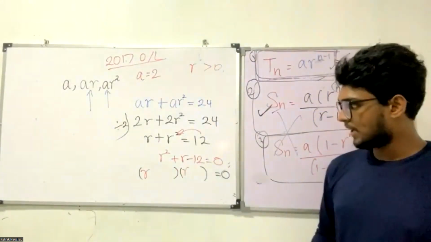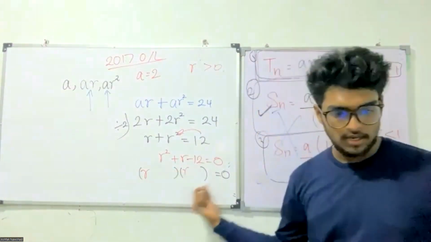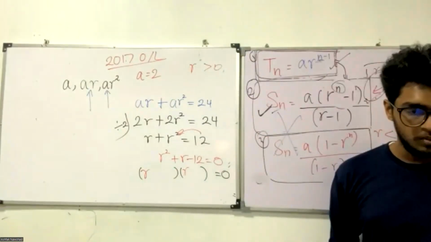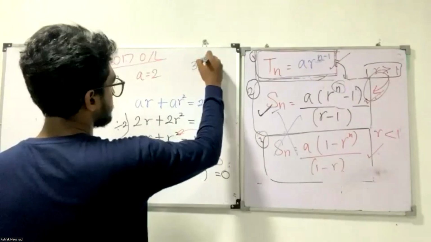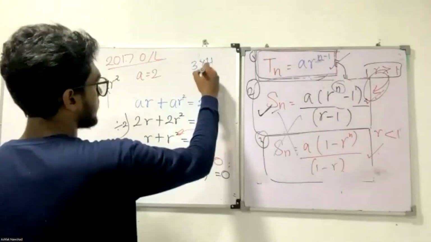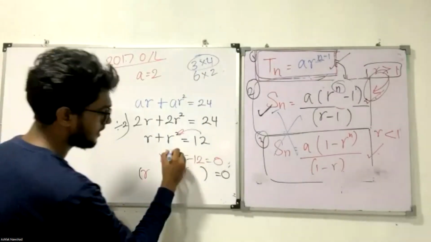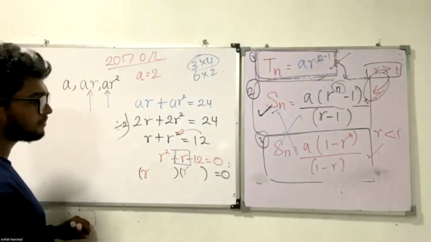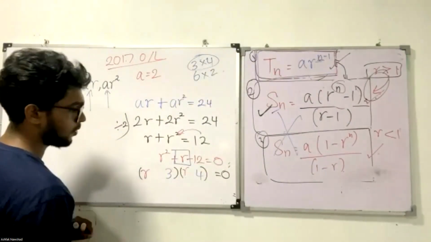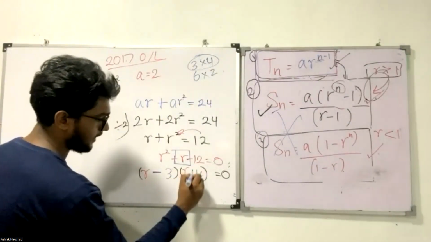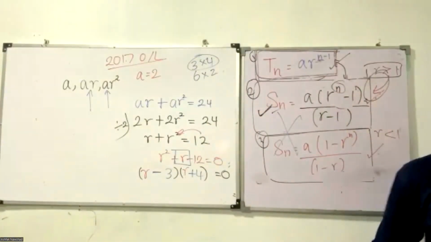Like simply we can see R squared is generated by R into R, and 12. There are many ways to generate 12. Right? Minus 12 we can do 3 times 4, or we can do 6 times 2. But our best bet is this, because the coefficient in the middle term must be 1. So 3 times 4, and if we put the signs like this, we get the correct factors.